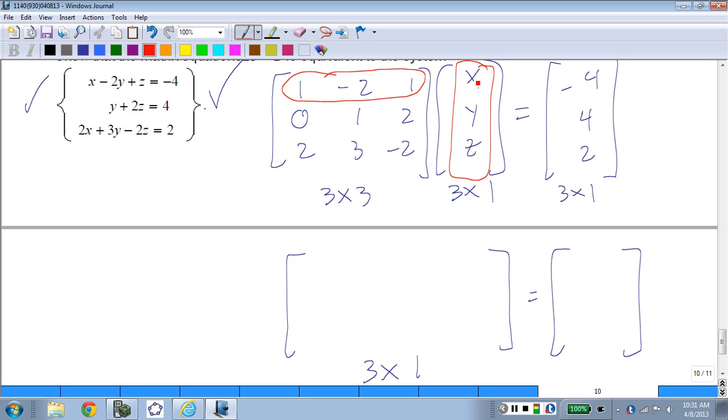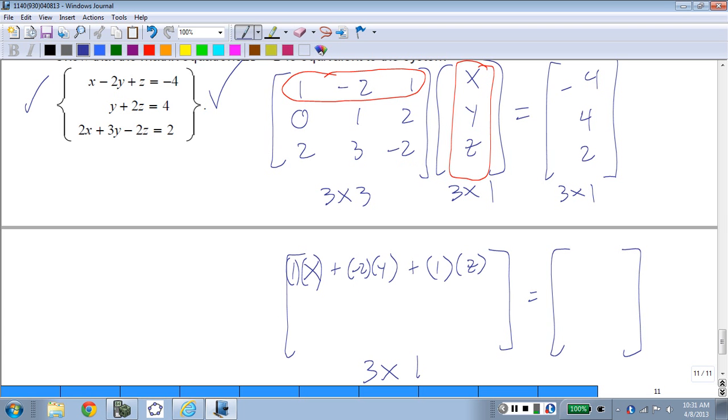1 times x is x. Negative 2 times y and 1 times z. Maybe I should be a little bit more deliberate than that. So 1 times x plus negative 2 times y plus 1 times z.